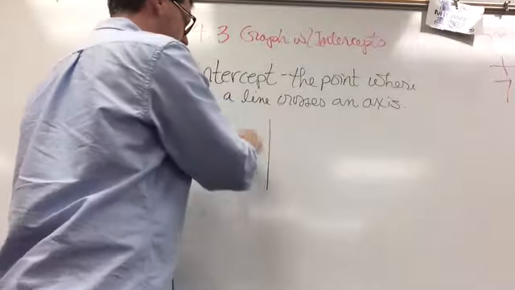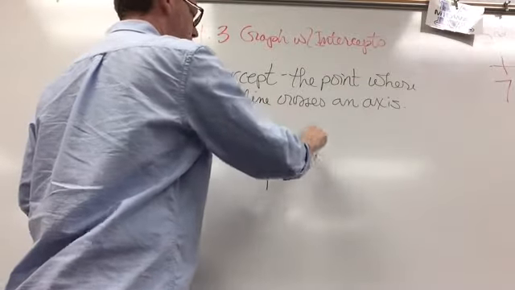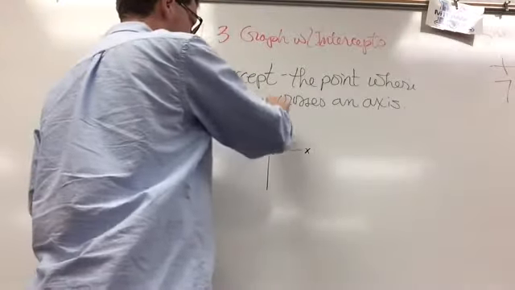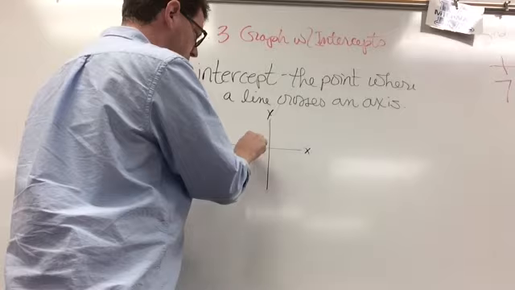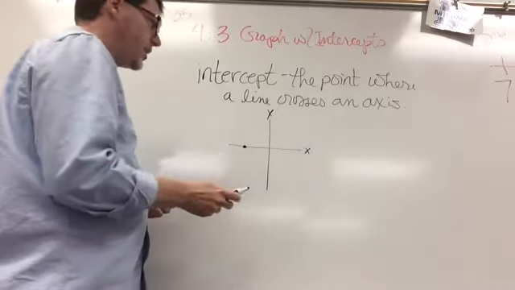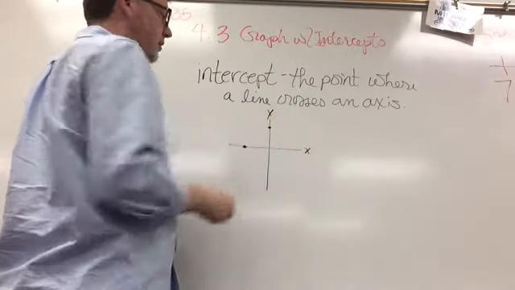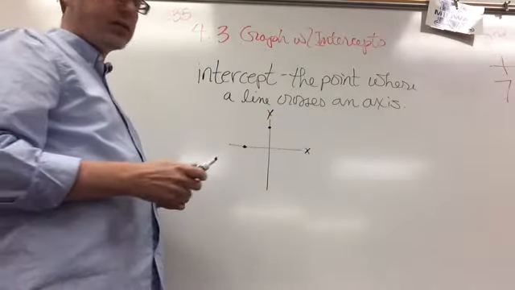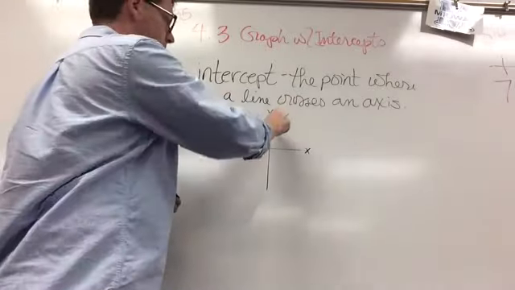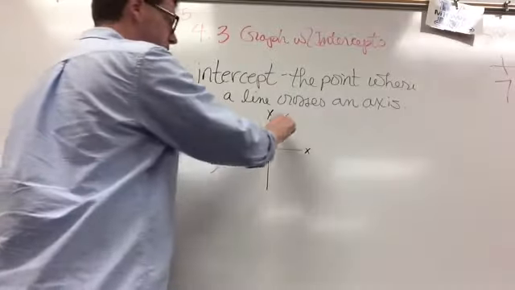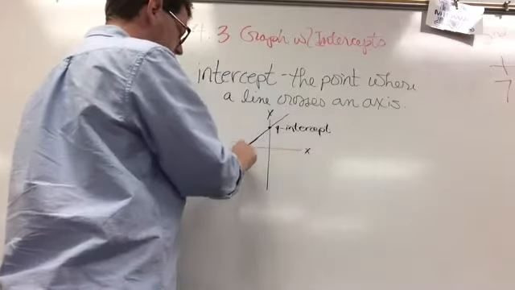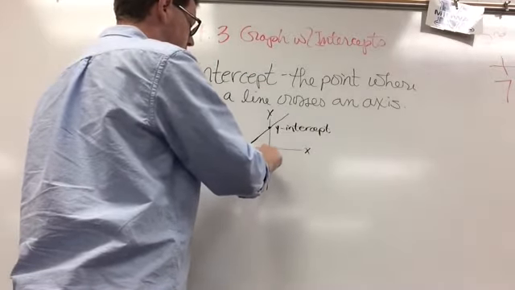So if we have a very simple x, y coordinate plane, any point on the x-axis would be considered an x-intercept, and any point on the y-axis would be considered a y-intercept. Again, that's the point where the line crosses each of these axes. So this would be the y-intercept, and this would be the x-intercept.